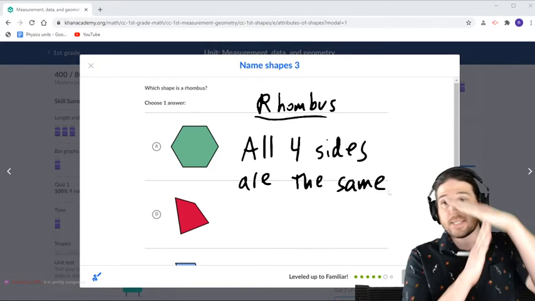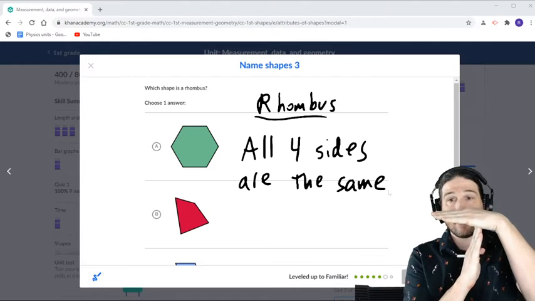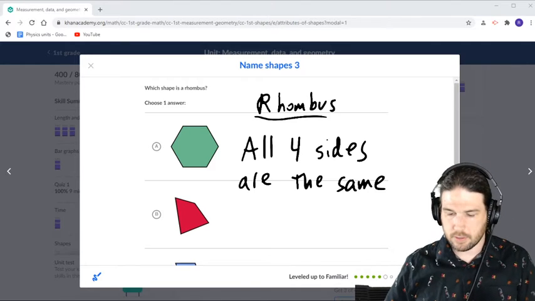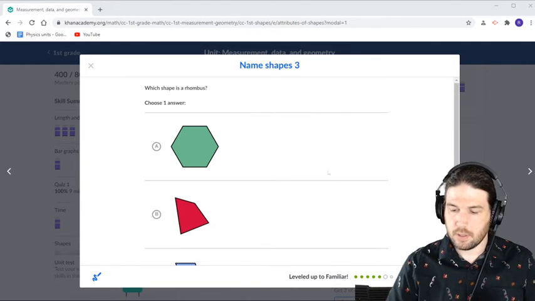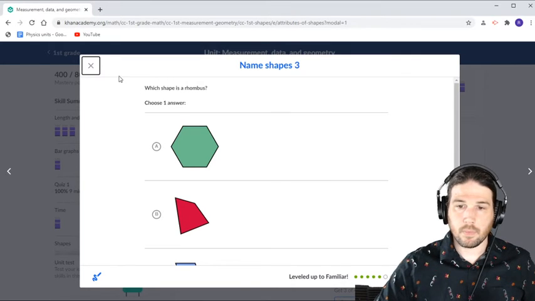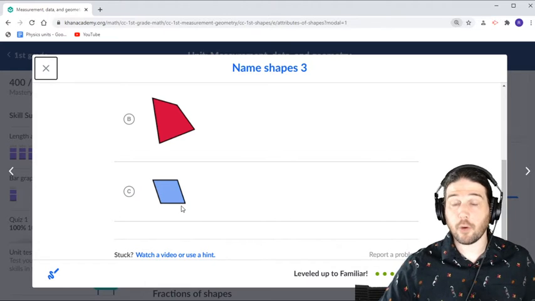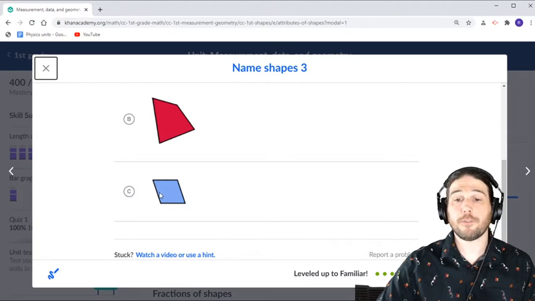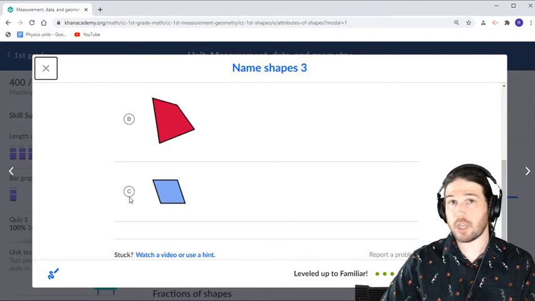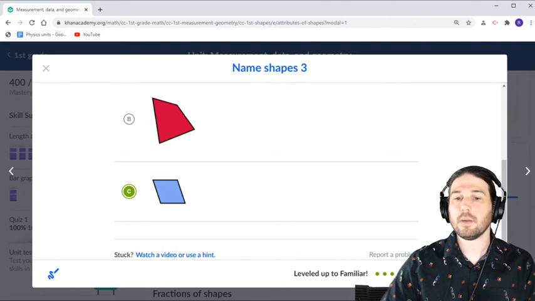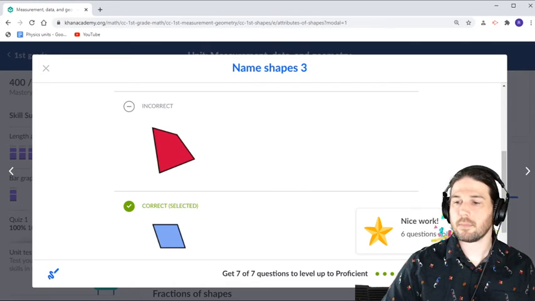They have to meet at perpendicular right angles, whereas a rhombus does not. What we've got right here for C is not a rectangle, but all 4 sides are still congruent. They are all the same. Congruent just means the same. So that is our rhombus.